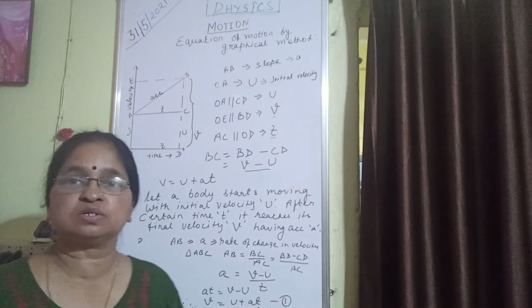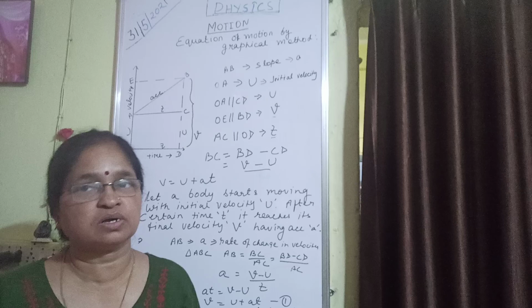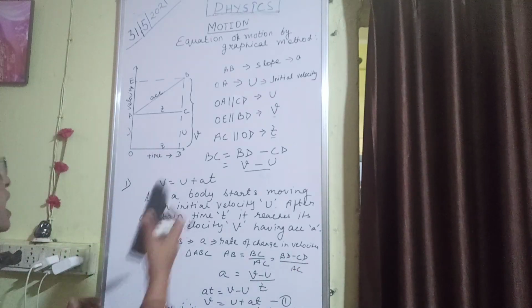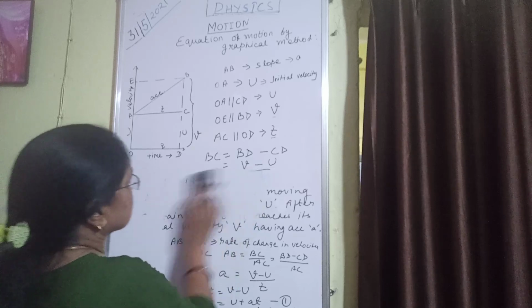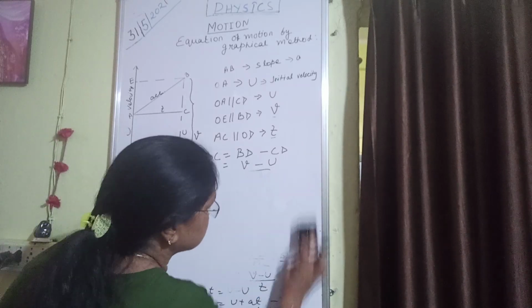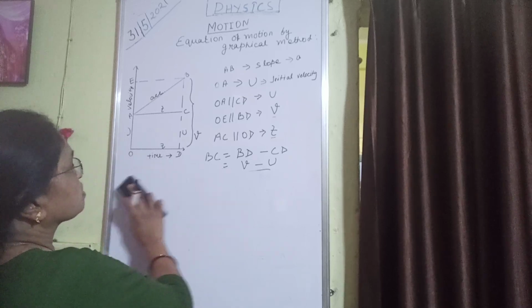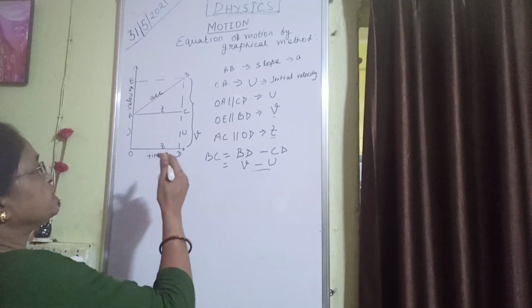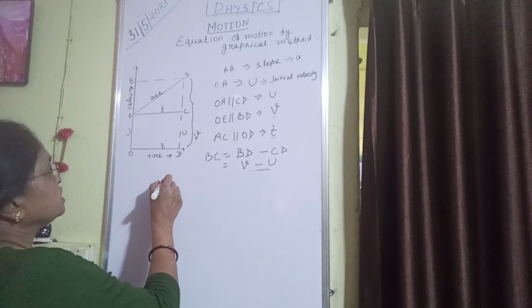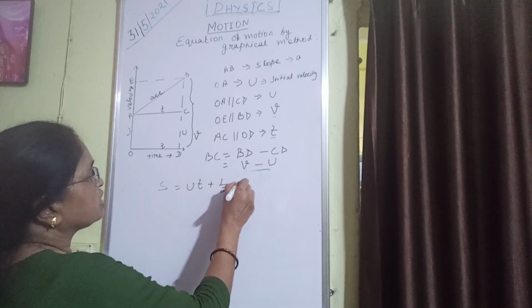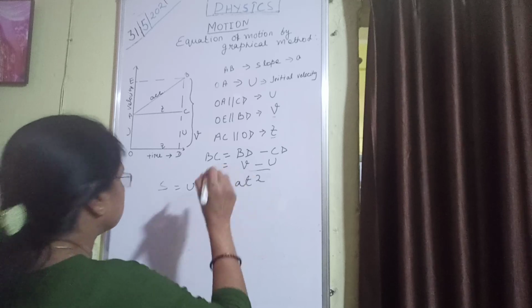So the first equation of motion gives us the velocity time relation. So students, come to the second equation of motion. In the second equation of motion, we know S is equal to ut plus half at square.